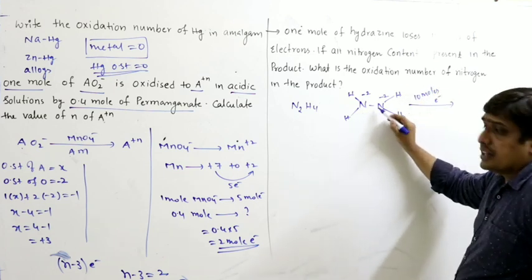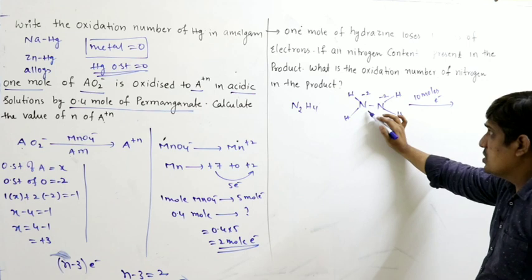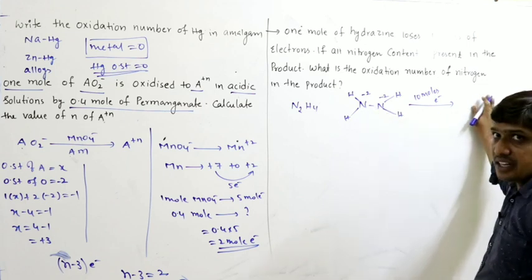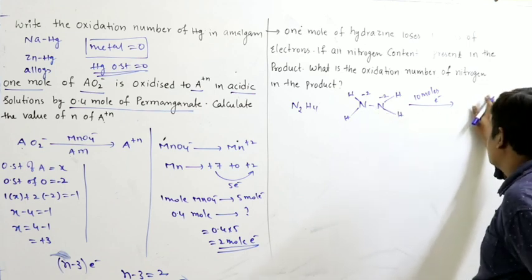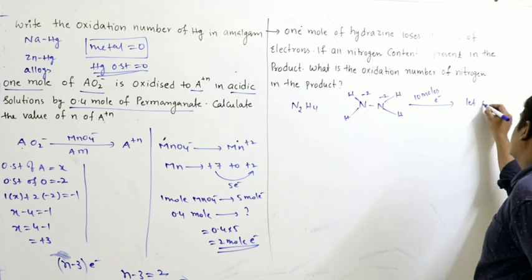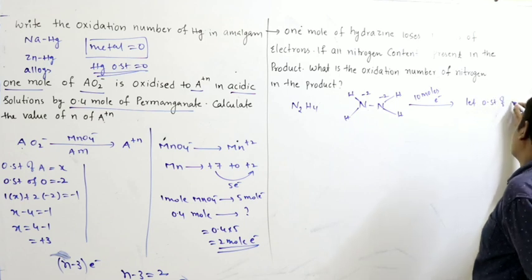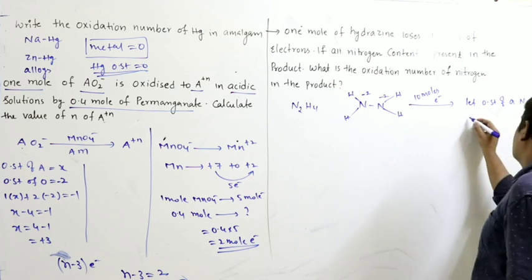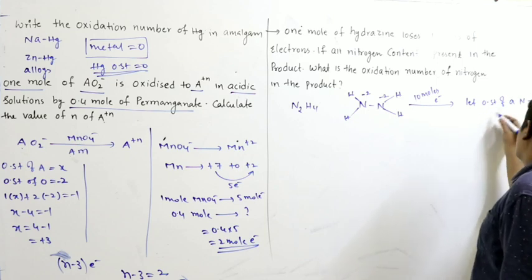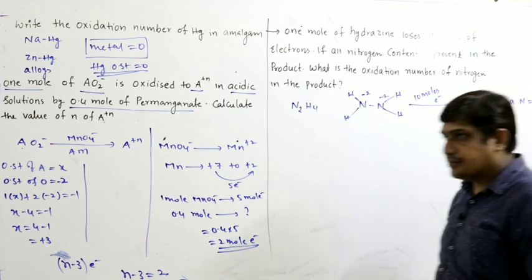So 1 mole contains 2 moles of nitrogen atoms. All these nitrogen atoms are present here. We don't know its oxidation state. So let the oxidation state of a nitrogen atom be X. There are 2 nitrogens. So oxidation state of 2 nitrogens becomes 2X.